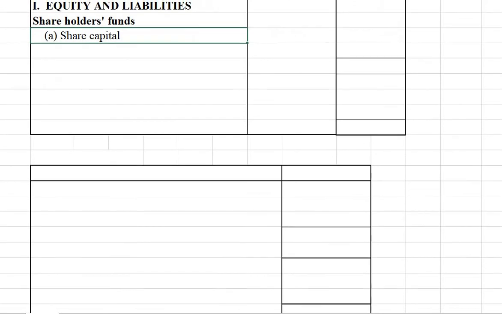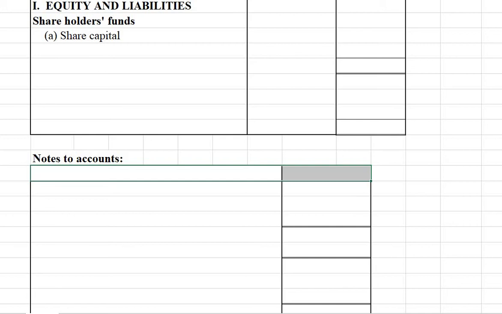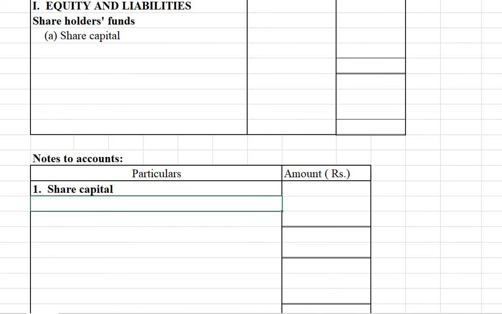For that, we know that we will prepare a notes to account. So notes to account is ready. There are also particulars, amount. Note number 1, share capital. In share capital, there are various bifurcations. We have to write one by one. Authorized capital.